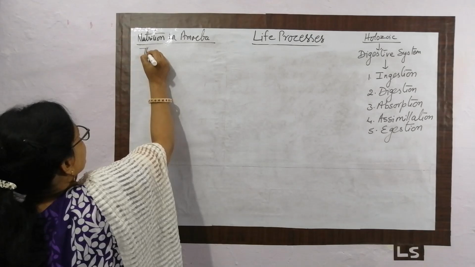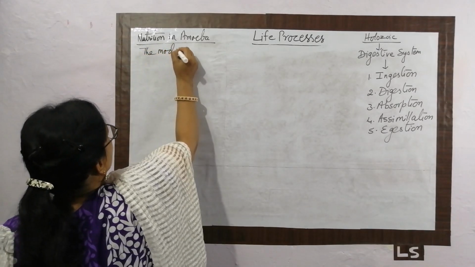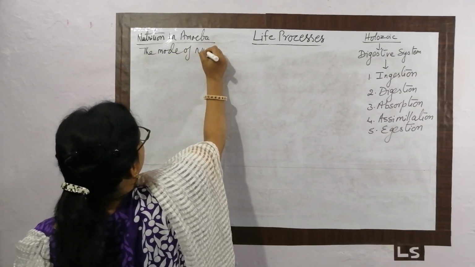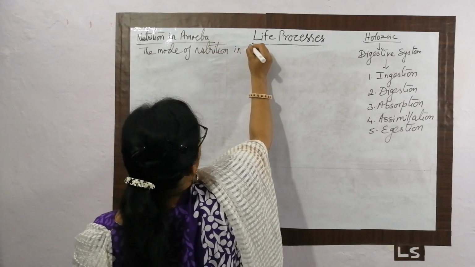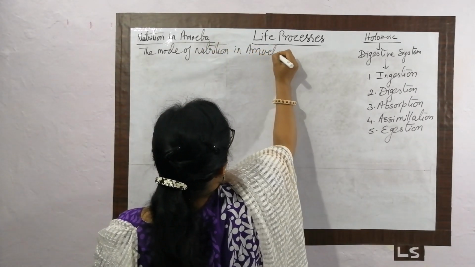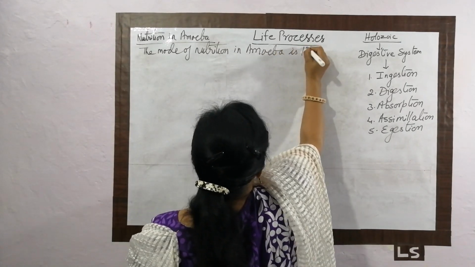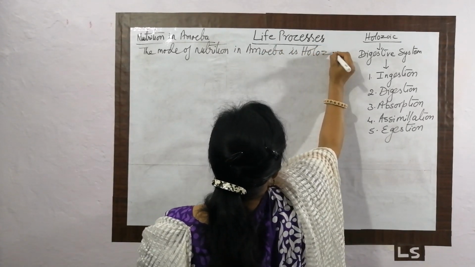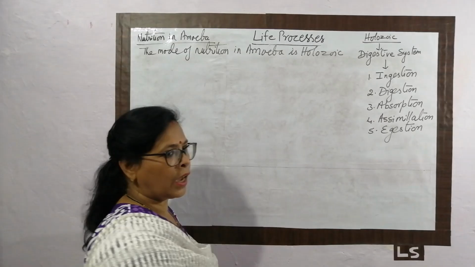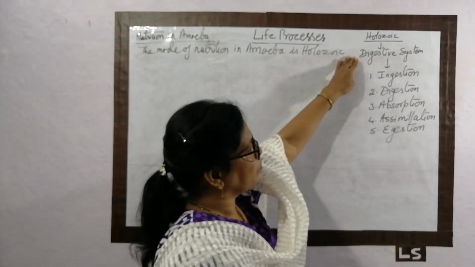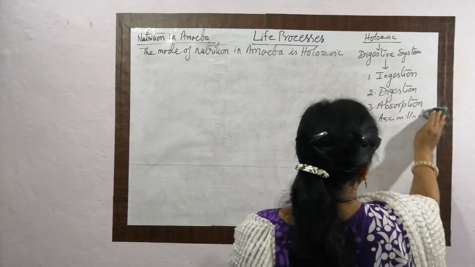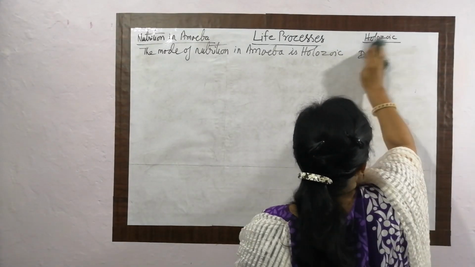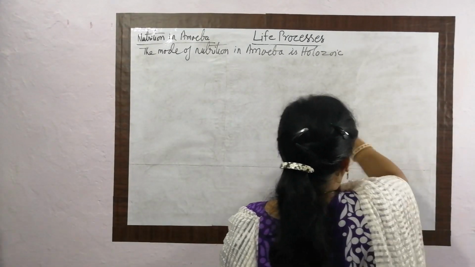The mode of nutrition in amoeba is holozoic. And if holozoic nutrition is there, I already told you, it is completed in 5 steps.